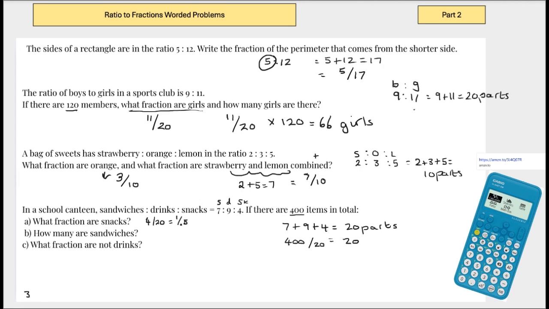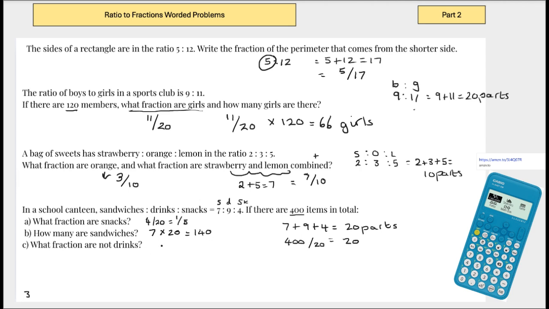That's nice and easy. Now it's asking how many are sandwiches. Where are sandwiches? We've got 7. So what we're going to do is 7 times 20, which is here, 20 items, equals 140. So we've got 140 sandwiches.